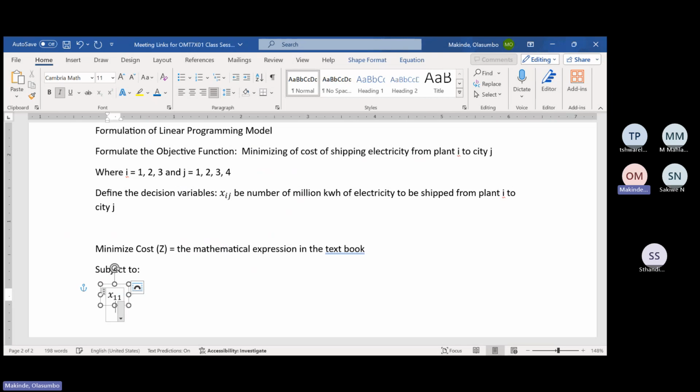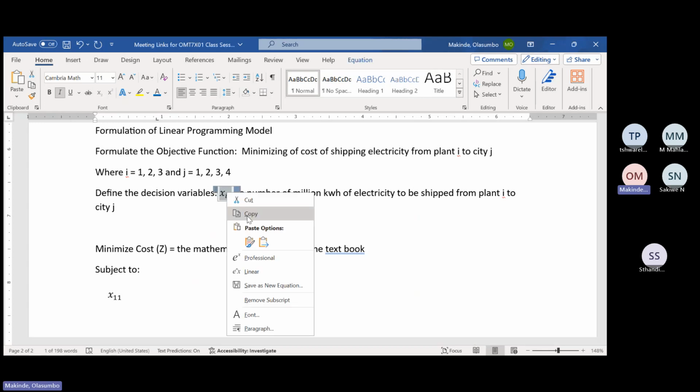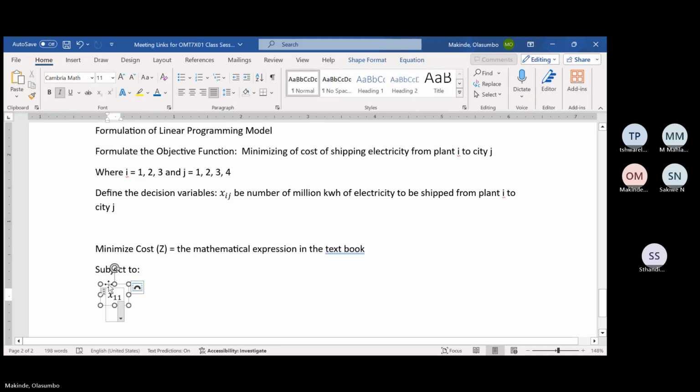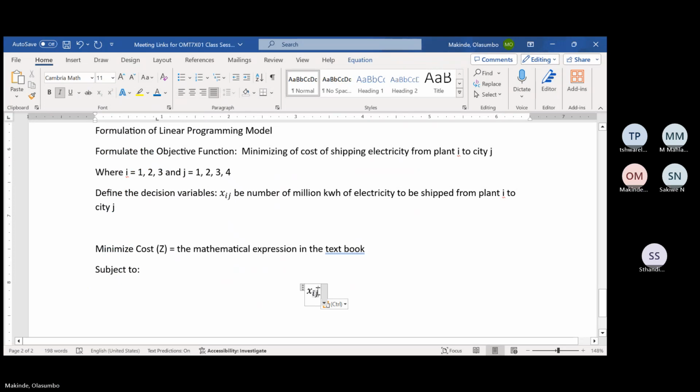X11 plus, why is this thing giving? Let me do this. Let me see this one. Maybe this one will work because that one is X11. Let me use this one. Plus X12.